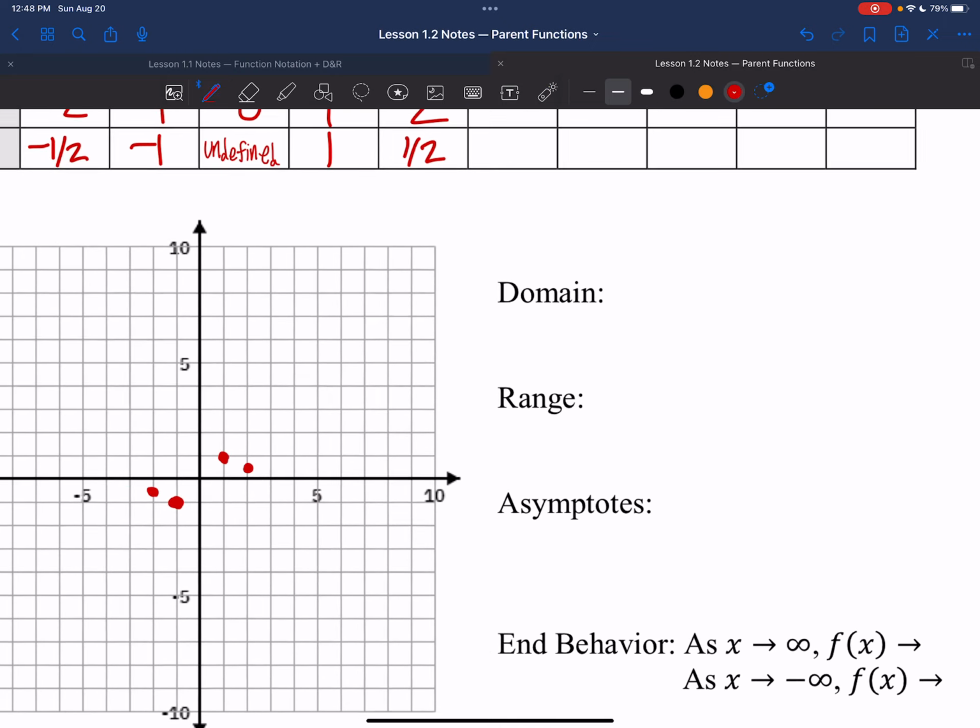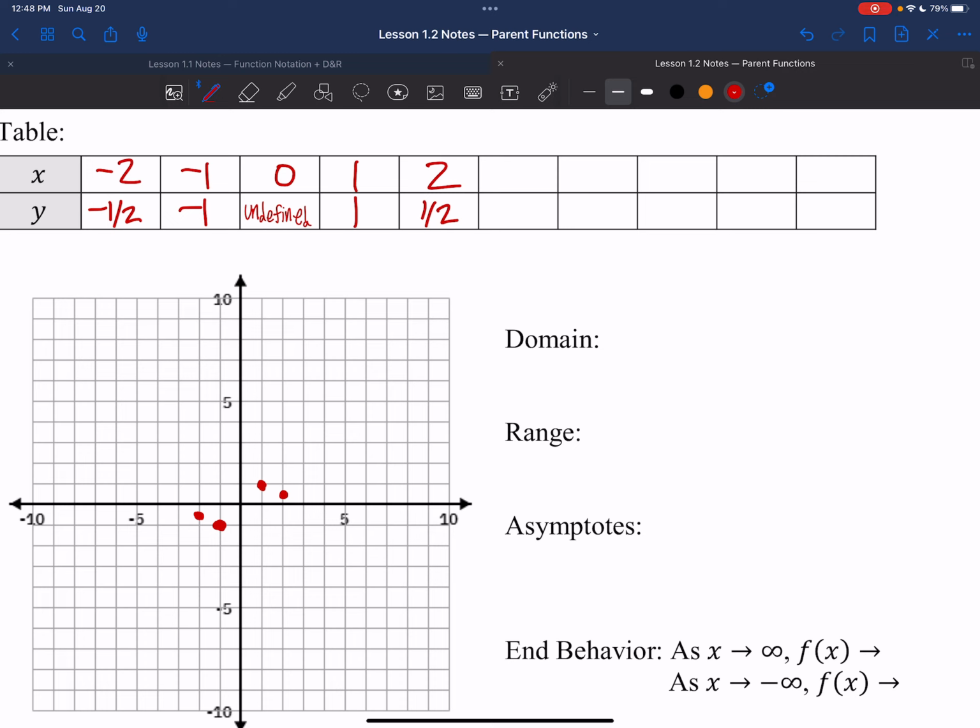So we're going to test some more numbers and some fractions. If I test 3, I get 1/3. If I test 4, I'm going to get 1/4. And you can see, okay, hold on. I think it's going to approach 0 this way. Yeah?